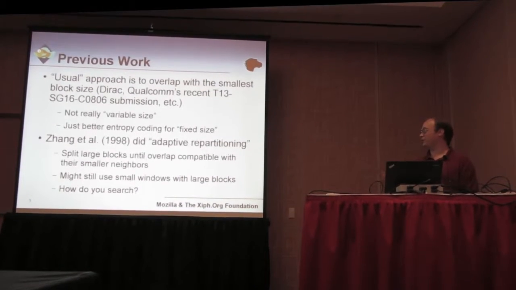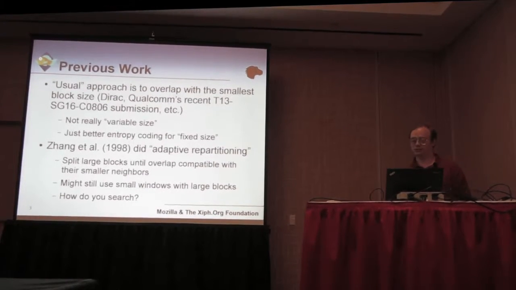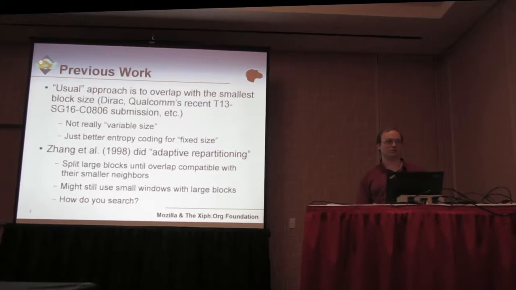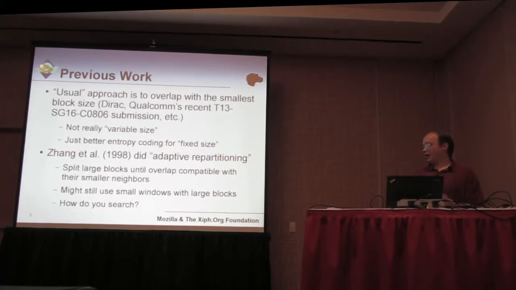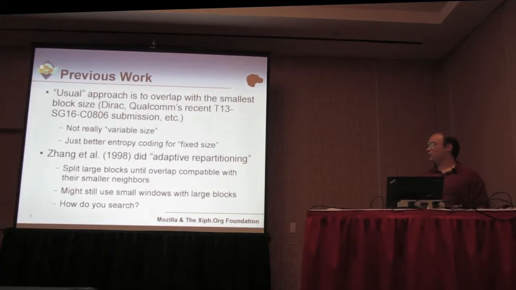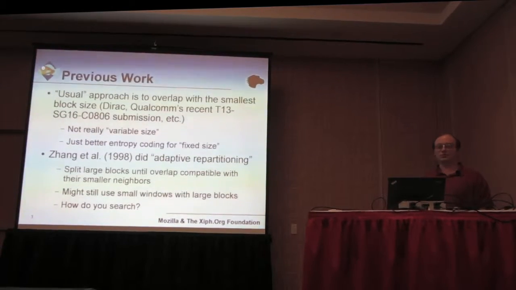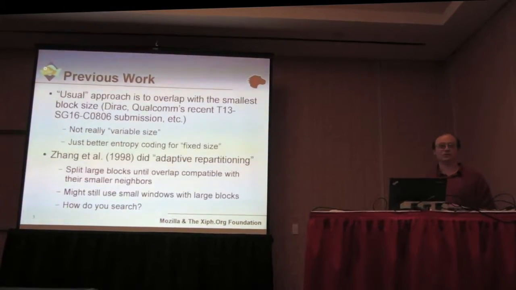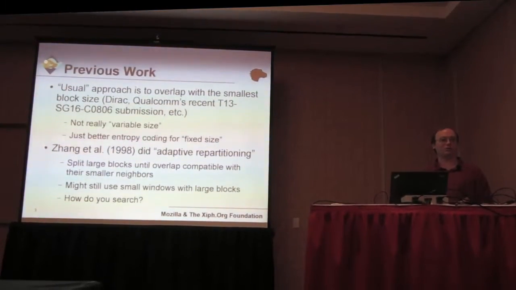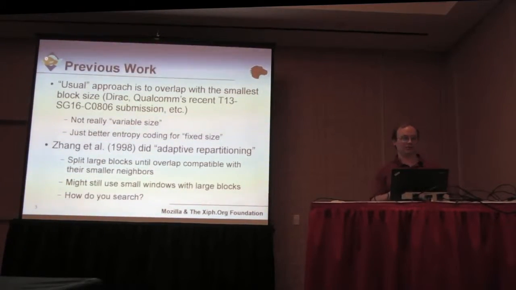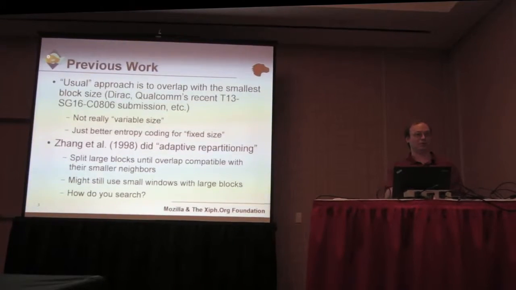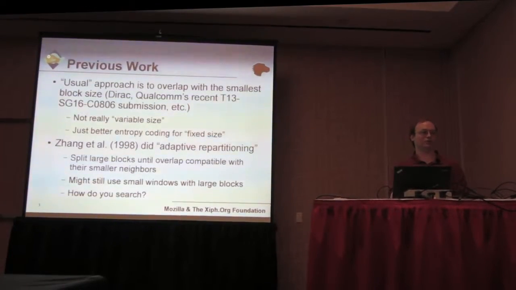I think Qualcomm had a recent proposal to study group 16 that suggests doing the same thing for an HEVC extension. This works, but it's not really variable size, right? It's basically just a better entropy coding method for having fixed size blocks. Because what you're really doing is saying I have all these little tiny blocks, and then I'm efficiently coding that they all have the same motion vector.